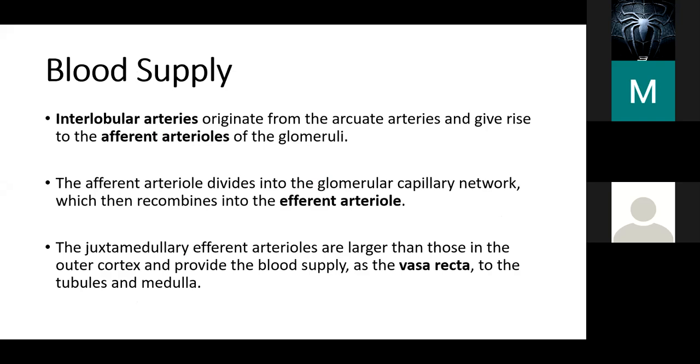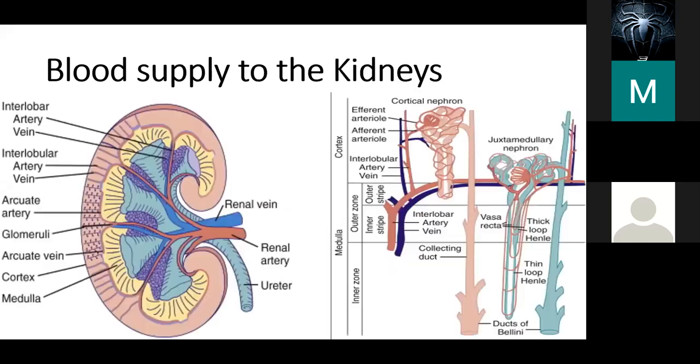And then we have the efferent arteriole, which leaves the glomeruli. So this is basically what I was trying to explain. The renal vein, the renal artery, those are the main blood supply to the kidneys. And then they branch sequentially into the various branches, the arcuate artery, interlobar, interlobular, and all that.